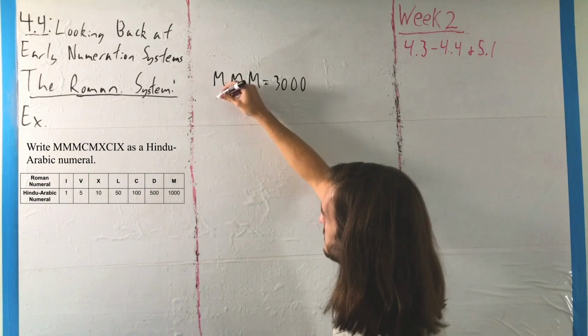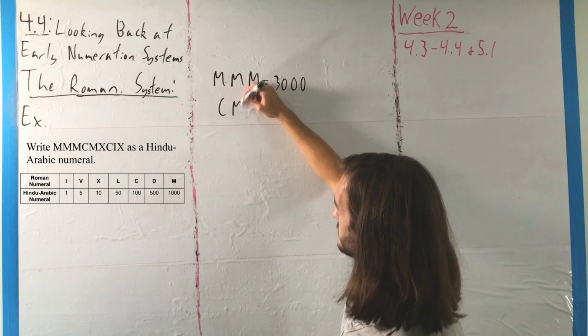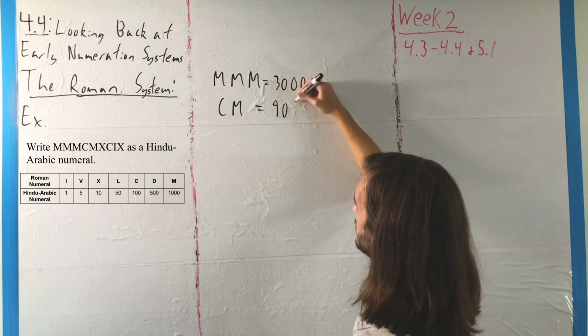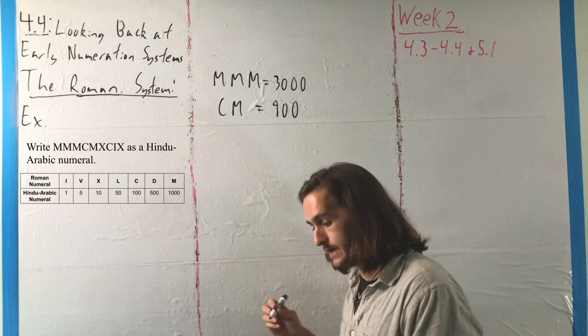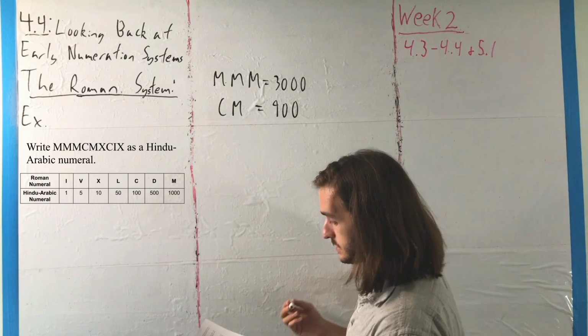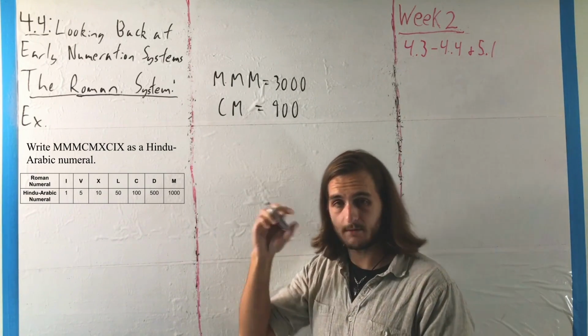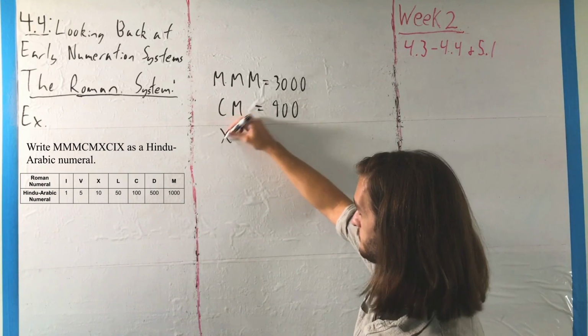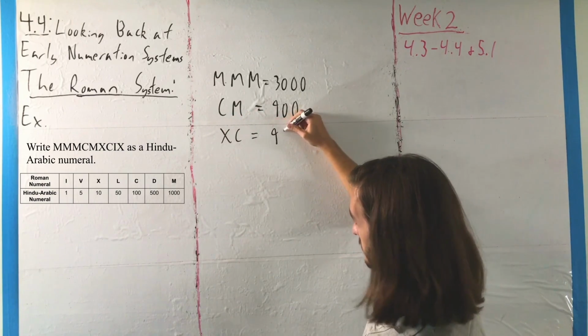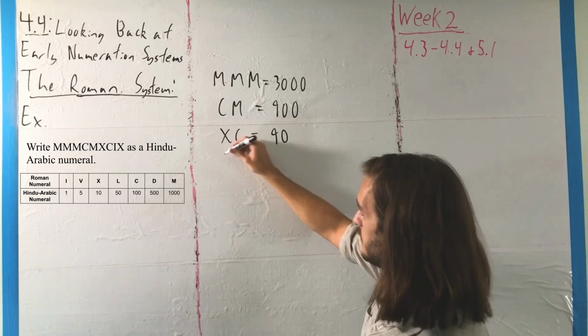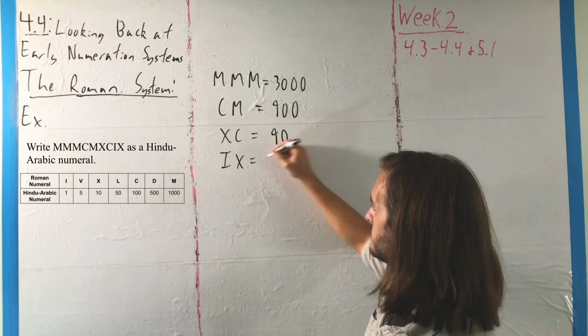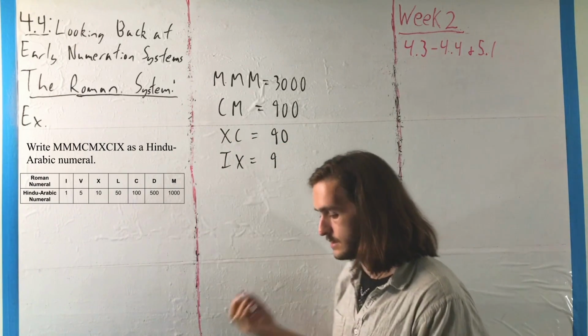And then because we have that CM, we saw that in the last one, but CM is a representation of 900. XC, that's the 10 before 100, so XC is 90, and IX is 9.